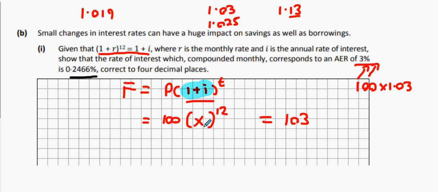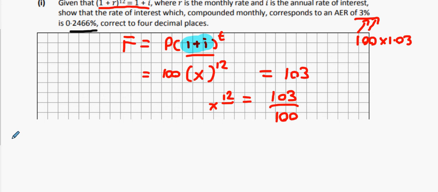Now, how do you get x on its own? What's the first thing you need to do? Bring the 100, which is multiplication on the left, to what? Division on the right. Finally, how do you get rid of the 12? Have a better one for you, right? What happens if you have x squared equals 25? What do you do?